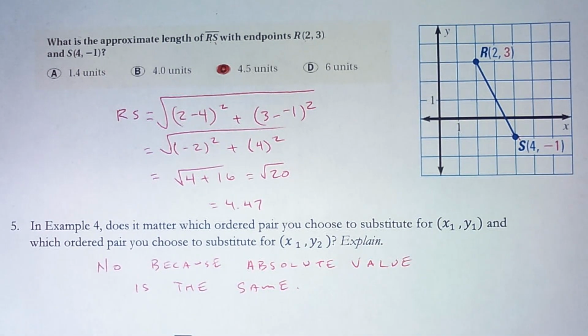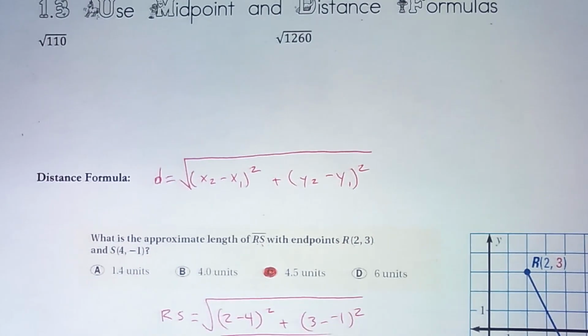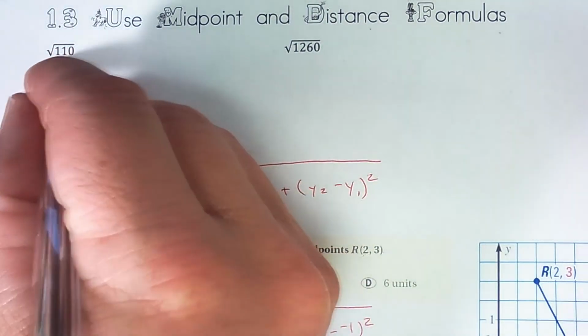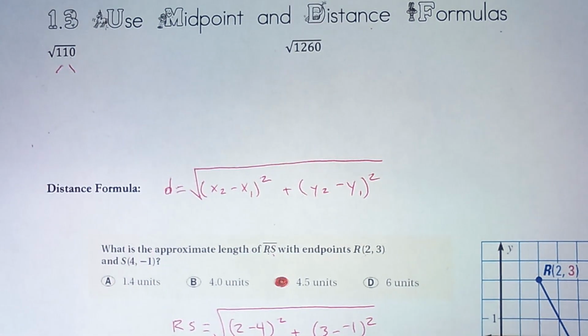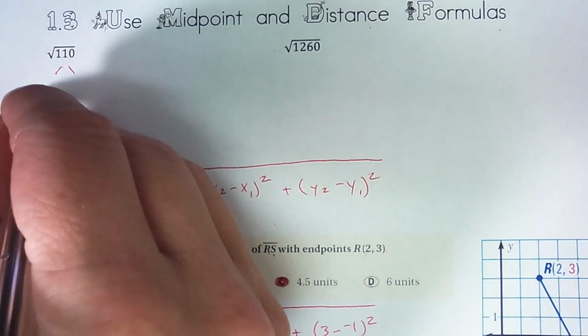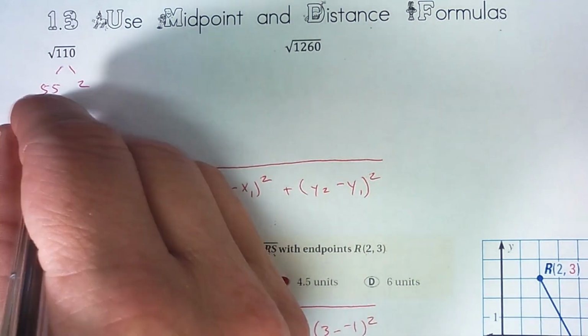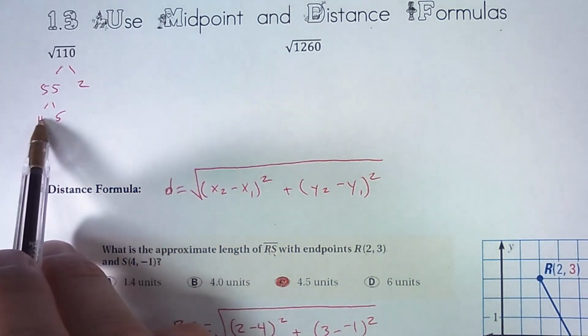Okay? Our next question, we're going to find an exact length. And in order to do that, first, let's practice simplifying some radicals. Okay, so the square root of 110. So 110, I can break that down into, say, 55 times 2. And 55, I could say, is 11 times 5. So I have an 11, a 5, and a 2.